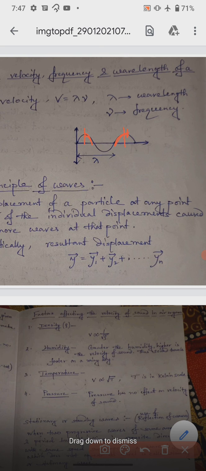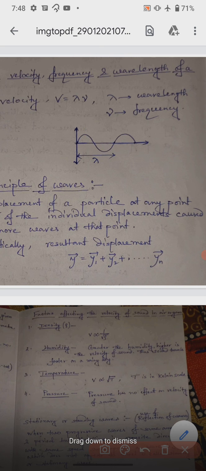It is forming one semicircle, and this is another semicircle. So isn't it completing one cycle? If from this point to this point it completes one cycle, that means this much length is also the wavelength. I hope it is clear. The same thing applies if you move from one trough to another trough: it will complete one full cycle.